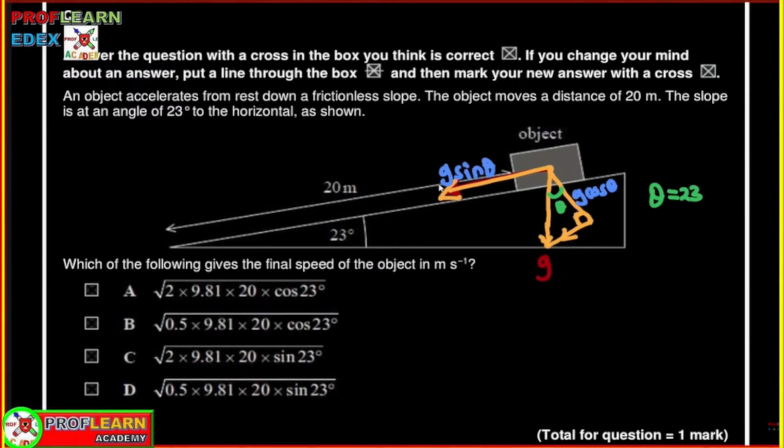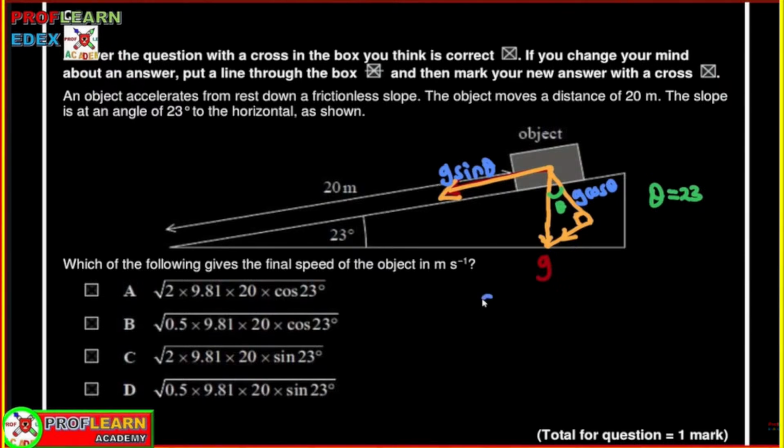So we can find the value of the acceleration down the slope. Since g is 9.81, the acceleration down the slope is 9.81 sin 23 degrees, where 23 is the angle of inclination.